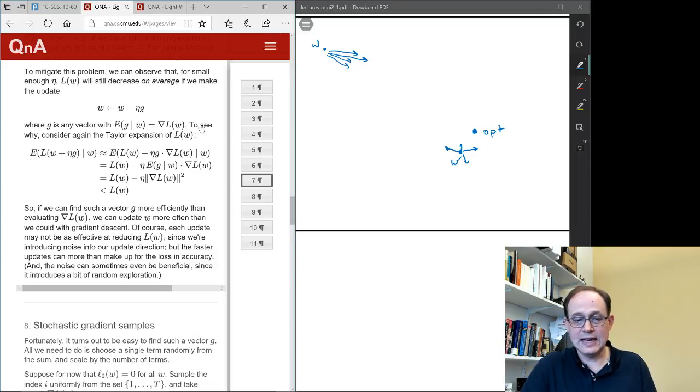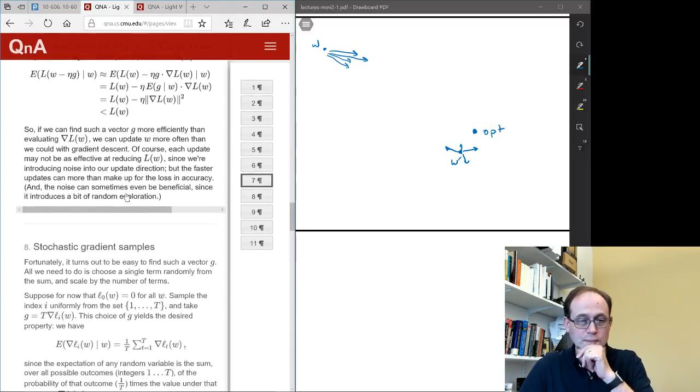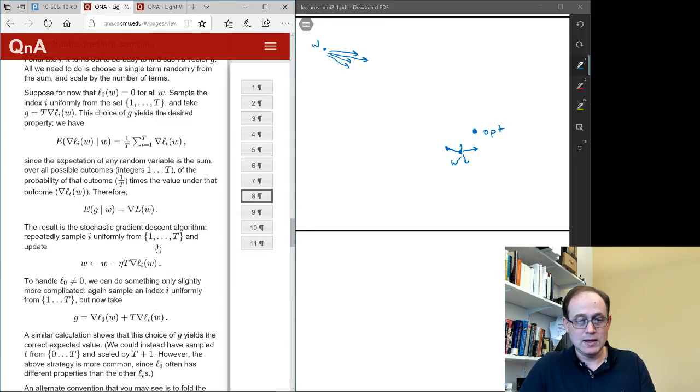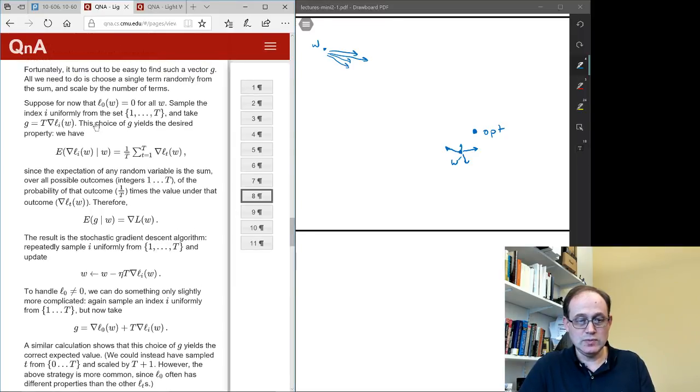That's the thing that makes this derivation work, which says that the loss keeps going down on average. And so picking a term at random from the sum, according to this derivation here, shows that we do in fact achieve that desired property, that the expected value of g is equal to the true gradient.